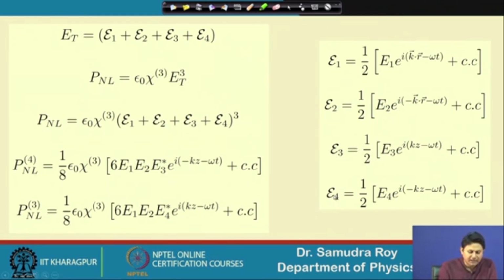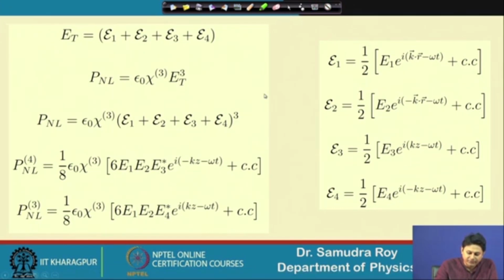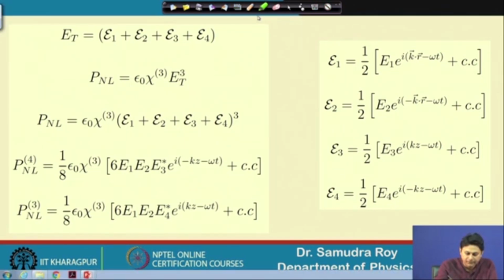If I want to find out the nonlinear polarization of wave 4, what I am trying to find out is a phase of the form e to the power of minus kz minus omega t. This is for 4, because we know that the E4 wave is moving in the opposite direction.